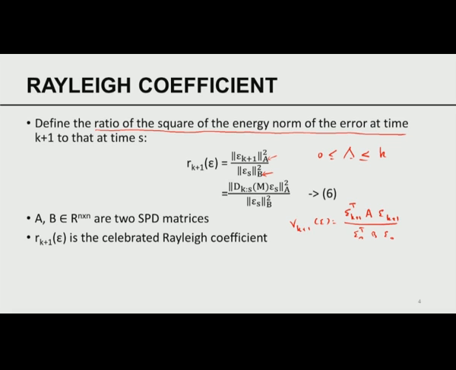Now please understand, ε_{k+1} and ε_s are related through the model. The relation through the model is given by the product of the Jacobian along the trajectory. You can think of it this way: suppose I have a grid, I have an initial condition, I have a model.